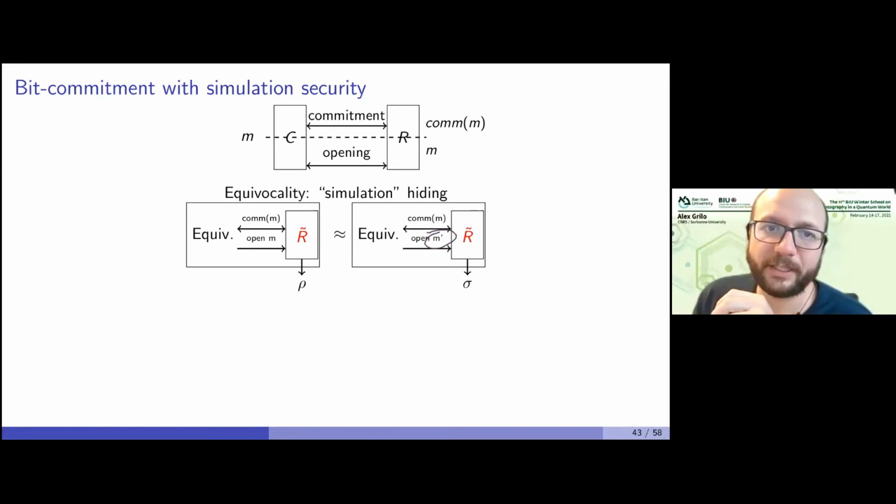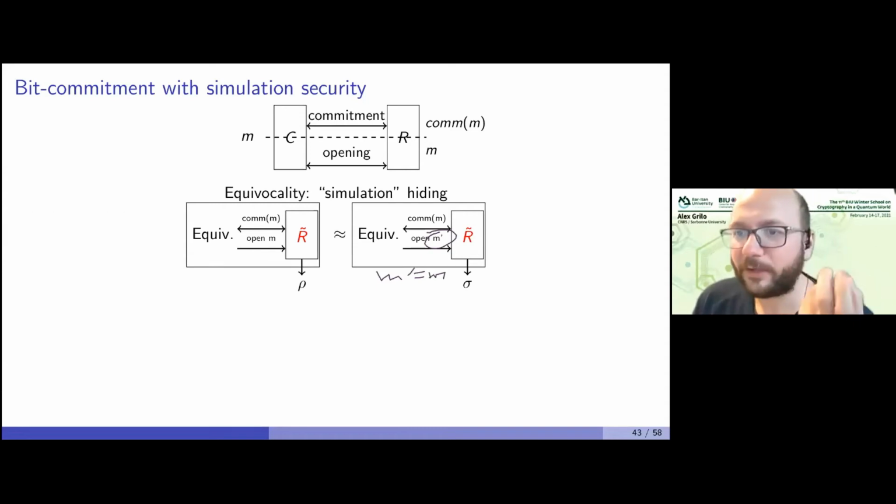Whenever this malicious receiver outputs her quantum state, the distinguisher will not see the difference between the equivocator opening the right message M or some message M prime that's different from M. Of course, this seems counterintuitive because the point of the commitment scheme is that the committer should only open to a single value M. But notice that the equivocator has some extra power over the committer.